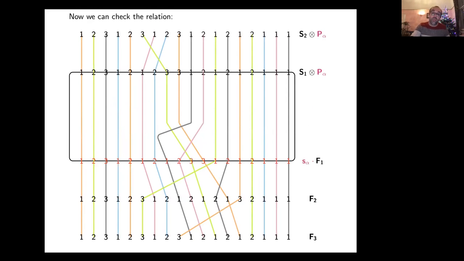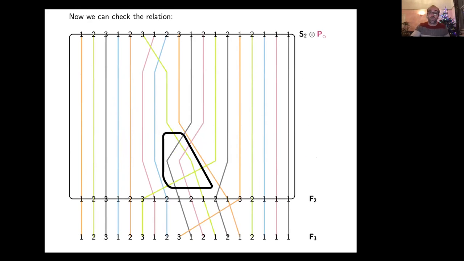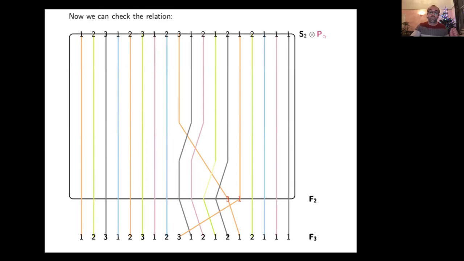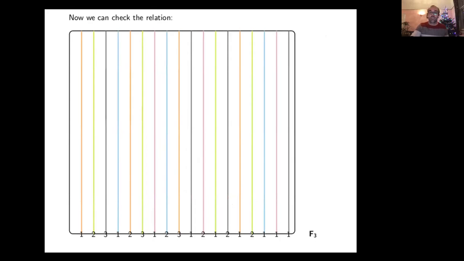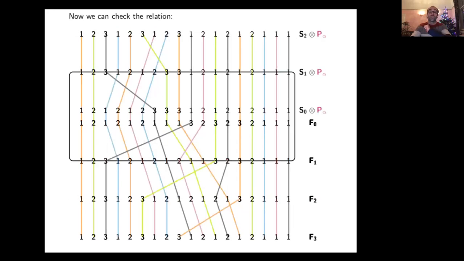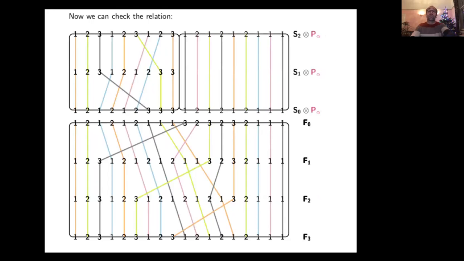And then with that new labeling, that actually just works out nicely. And you just step by step get rid of these regions like so. Done. So I finished with the idempotent vertical strands, and I started with fork on the bottom, spot on the top, strand next to it.